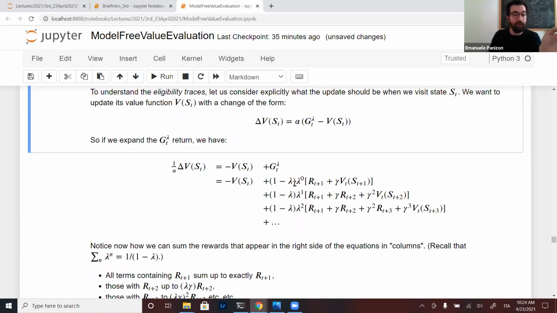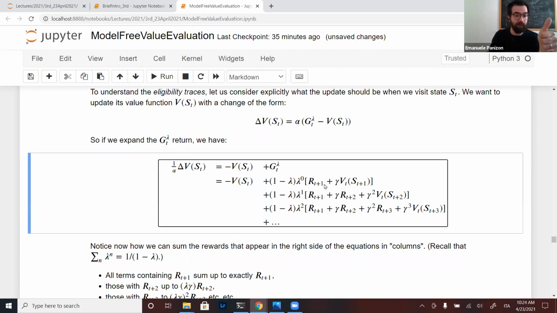By definition, G_t^lambda is equal to (1 minus lambda) times the first, one-step return G_t, so the instantaneous reward plus gamma V, plus lambda times the two-step return, which is the real reward R, plus gamma R, plus gamma squared V. Then the three-step return has the reward plus gamma times the reward plus gamma squared times the other reward, plus the value.